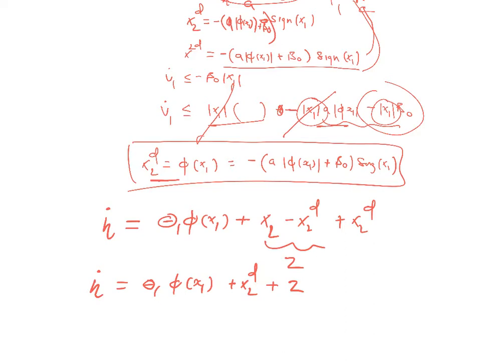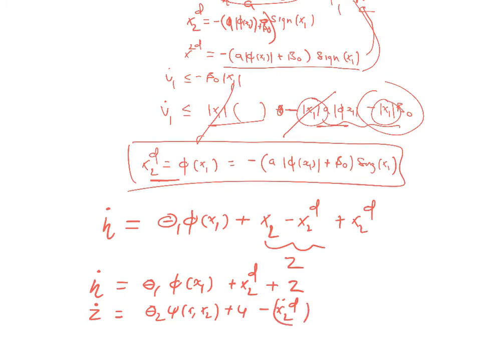And z dot will be tricky, as when you have real numbers you will find out. z dot will be x2 dot, which I think is theta 2 psi of x1 x2 plus u minus x2 desired dot.